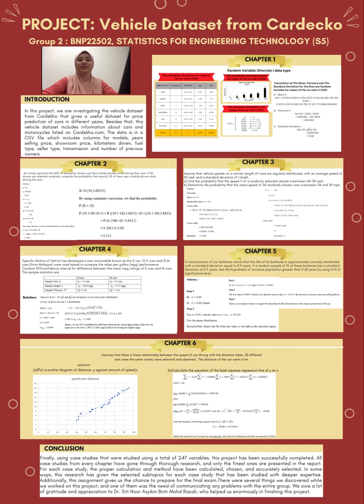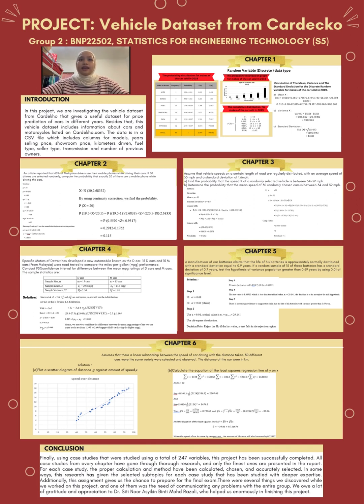Thank you. So I'm going to talk about chapter 6. Our question is, assume that there is a linear relationship between the speed of a car and the distance taken. 30 different cars of the same variety were selected and observed.